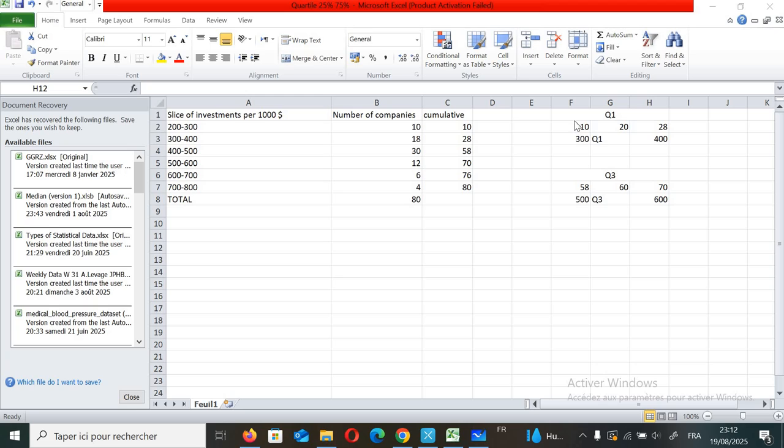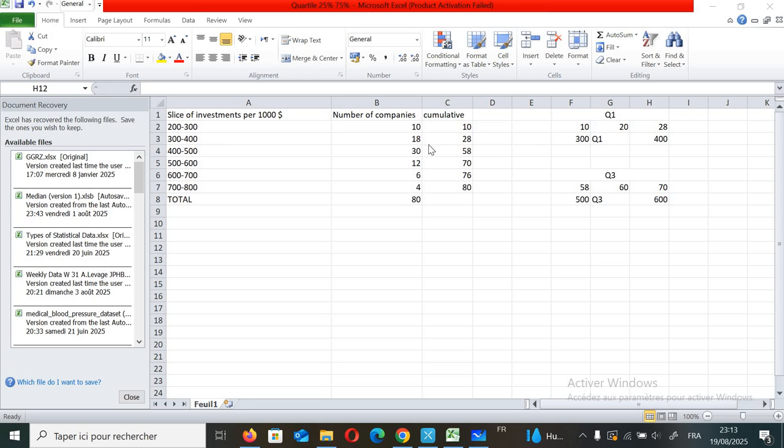Here we have Q1, in order to find the value for which 25% of companies make an investment inferior to it, and 75% make an investment superior to the value we're going to calculate. For the median we look for 80 divided by 2, or 80 multiplied by 50%. Here we have 80 divided by 4, which gives us 20.